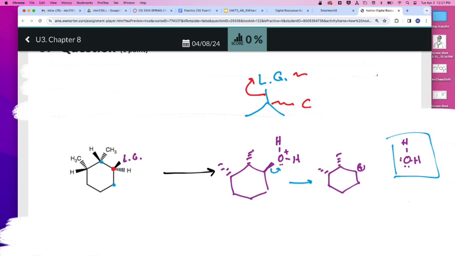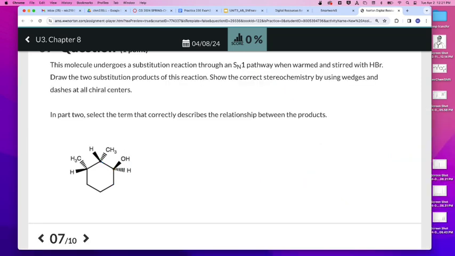Okay? This is where we delete everything and go back and look at what the question asked. The question says specifically we want to go through an SN1, and the reagent we're adding is HBr. If we were going to do SN1, we're doing a substitution with N being nucleophile, which means the reagent needs to supply what? Electrons.